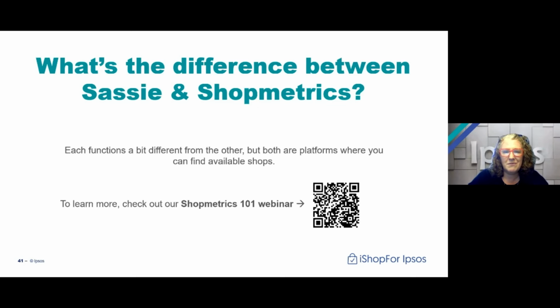For the most part, they navigate pretty close to each other when it comes to the user experience for a mystery shopper. But we do have a webinar around Shopmetrics that you may want to watch to see what the differences are. From a user experience for a mystery shopper, it's pretty small.